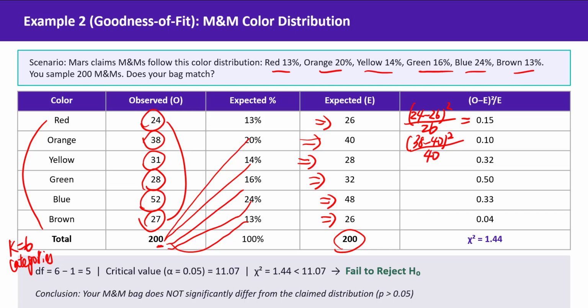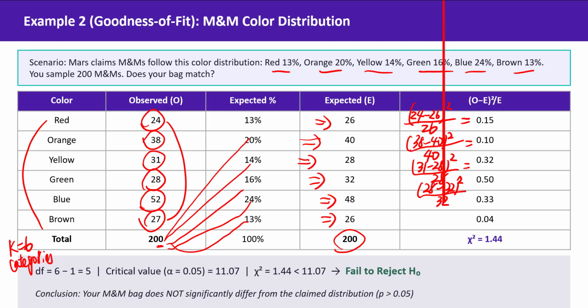So follow that formula. And then the third one will be 31 minus 28 squared, divided by 28. That turned out to be 0.32 approximately. The next one is 28 minus 32 squared over 32.